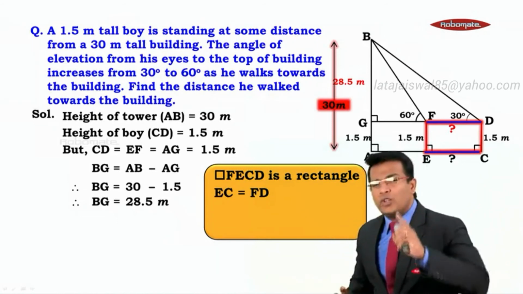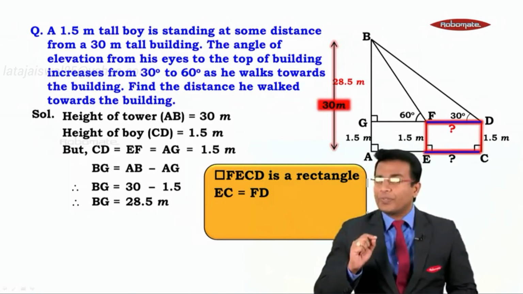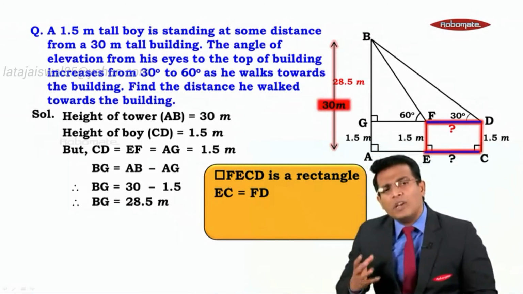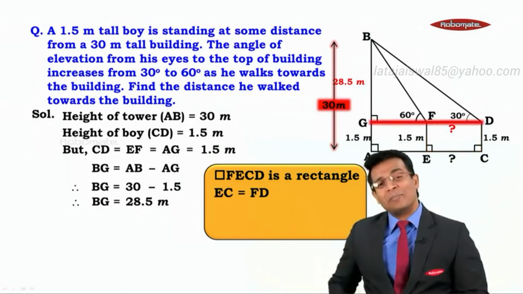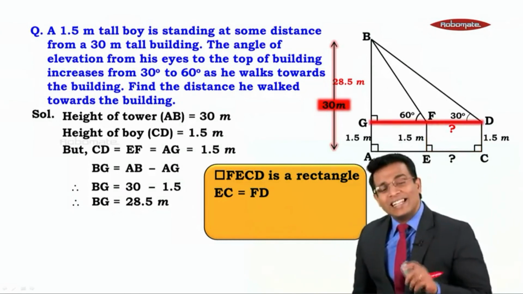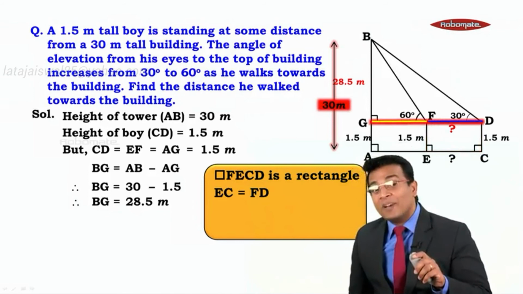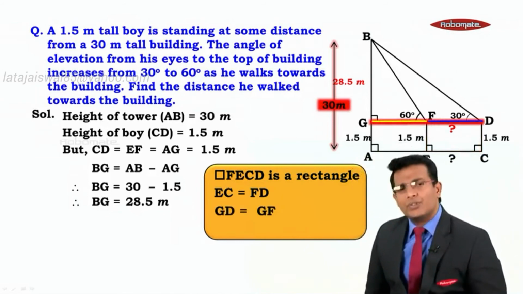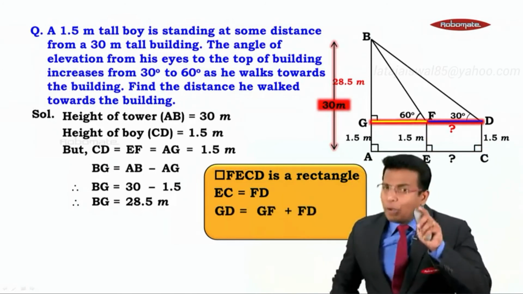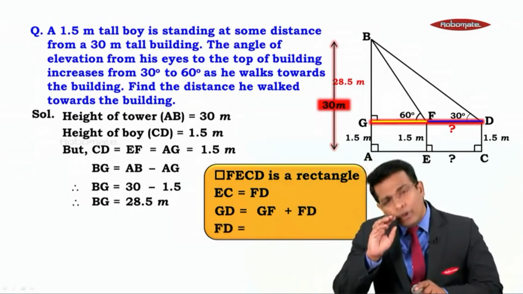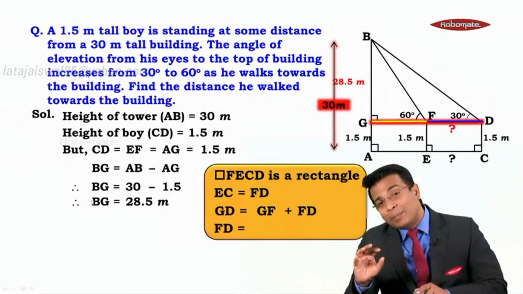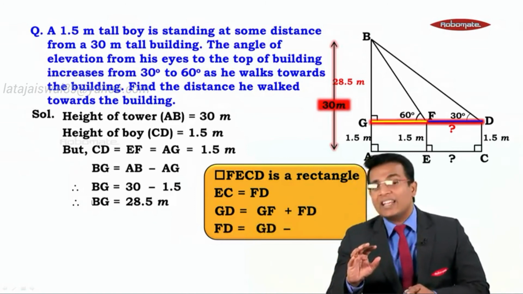How will you get FD? FD is a part of the segment GD. GD is GF plus FD. And from this equation, FD is GD minus GF.